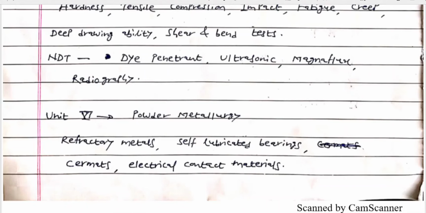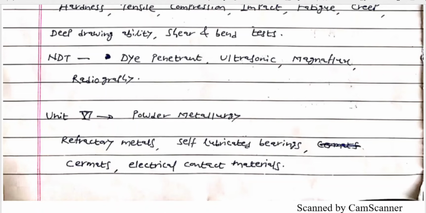If the material is very hard, then you cannot think of manufacturing such a product by subjecting it to any kind of mechanical process. So the products made out of refractory metals are mostly manufactured by the powder metallurgical technique.